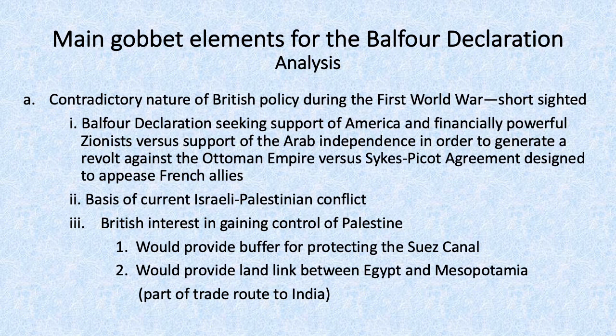And then finally, we come to the analysis section, right? And this is in some ways the most interesting part. So relevant here might be the contradictory nature of British policy during the First World War.